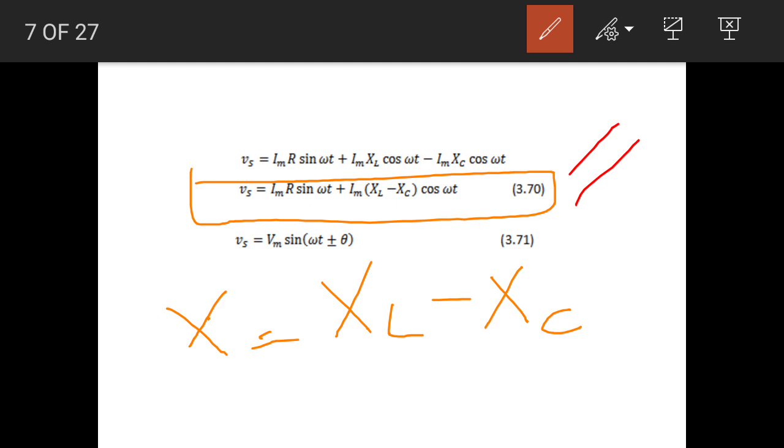This is an AC voltage across the source, and we know that an AC voltage has a maximum value, so it's very difficult to find out the maximum value of the AC voltage from the right hand side of equation number 3.70. Similarly, there is a phase angle of the AC voltage.